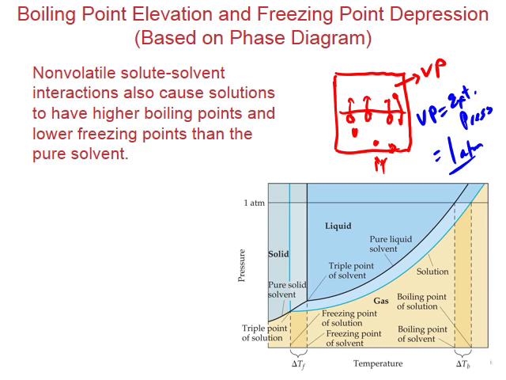In this graph, you can see that this is the point, let me show it in red ink, on the pure solvent graph that represents the boiling temperature, because at this temperature the vapor pressure would be equal to 1 atmosphere. You can see that on the left hand side you have pure liquid, on the right hand side you have gas. So this represents liquid-vapor equilibrium, and that's boiling.